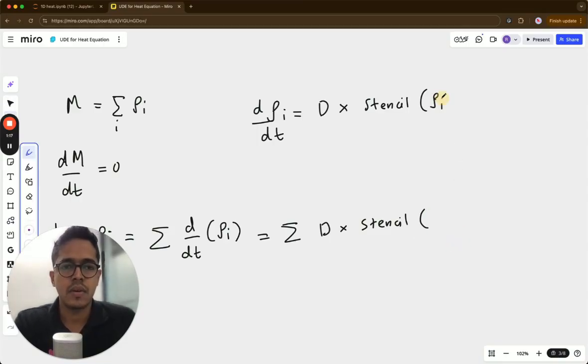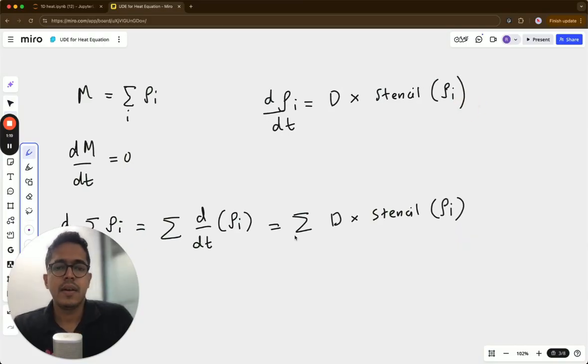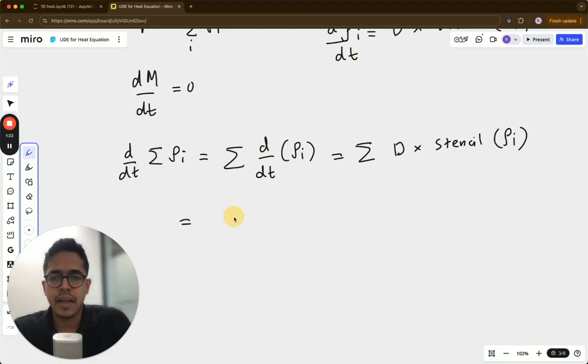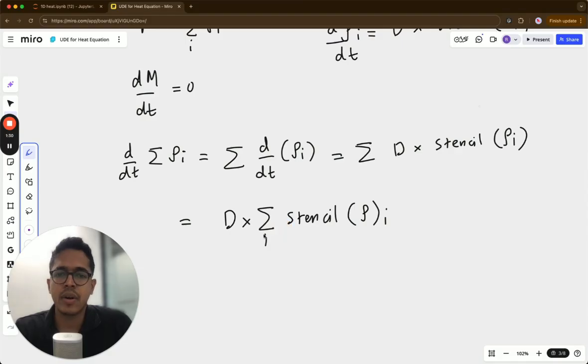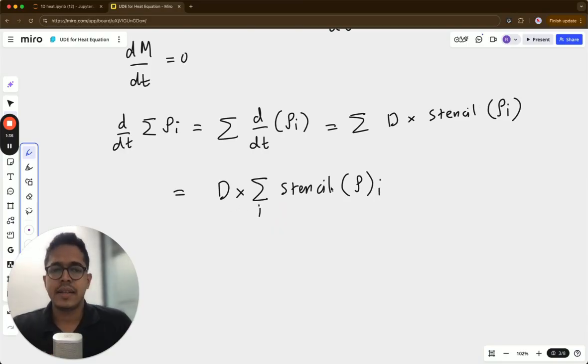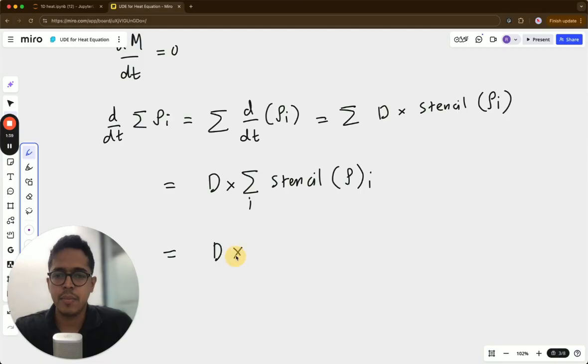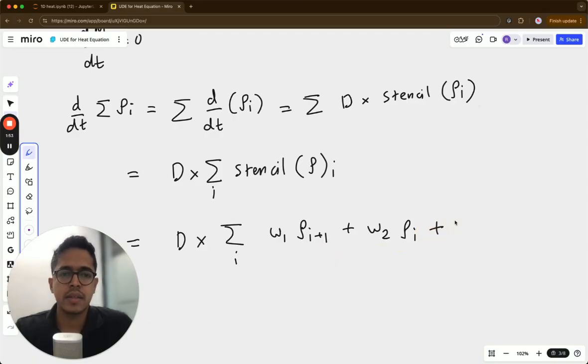So d by dt of rho I is d multiplied by stencil of rho I. And this can be written as d multiplied by sigma stencil of rho I, which iterates over I. So what is this stencil of rho I? We had discussed it: that is W1 times rho I plus 1 plus W2 times rho I plus W3 times rho I minus 1. So this was the stencil of rho I.